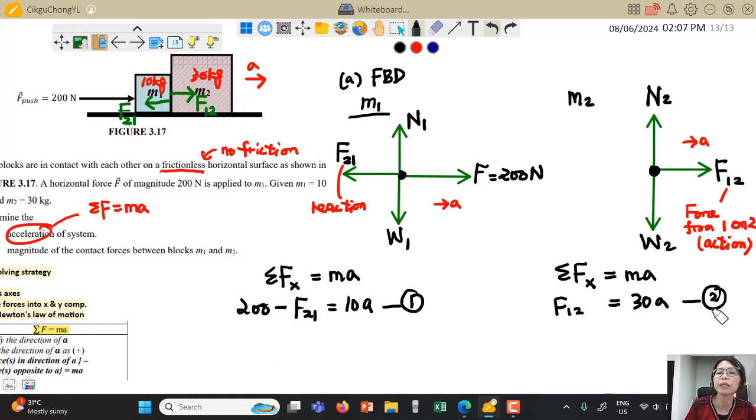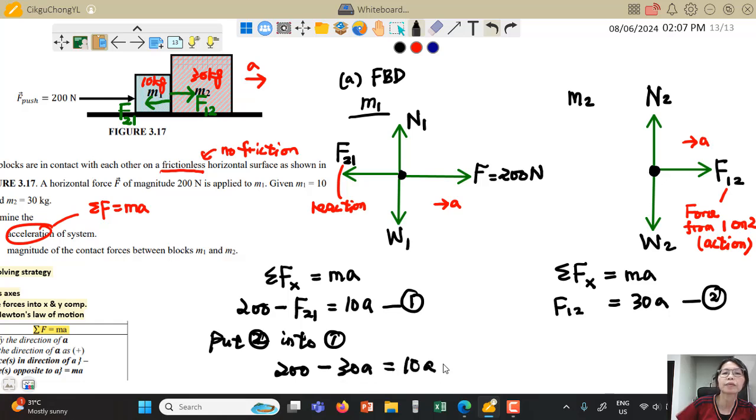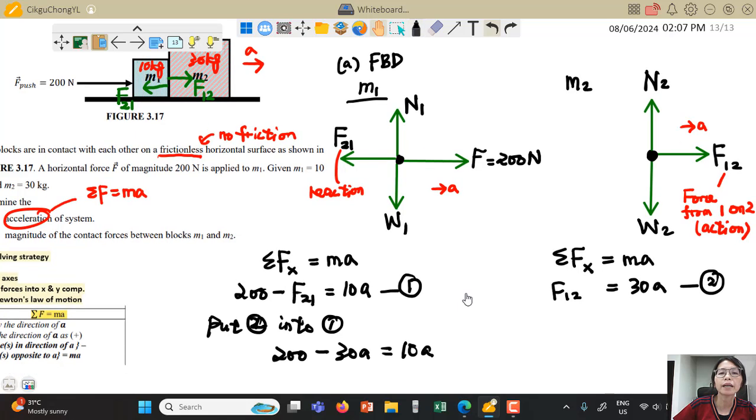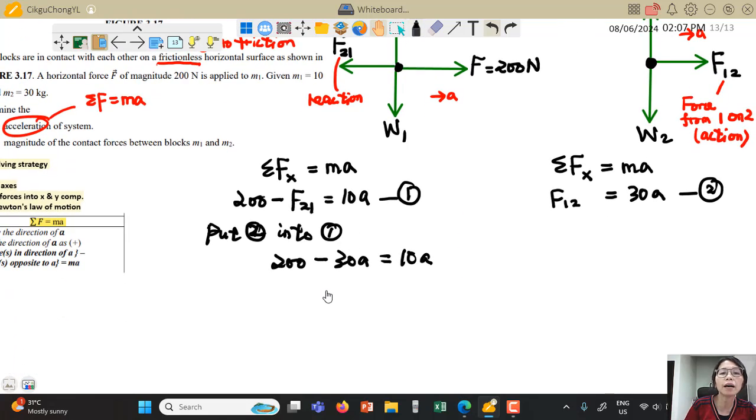So I can put equation 2 into equation 1, giving 200 minus 30a equal to 10a. Then I solve it using a calculator, and I get the acceleration to be 5 meters per second squared.